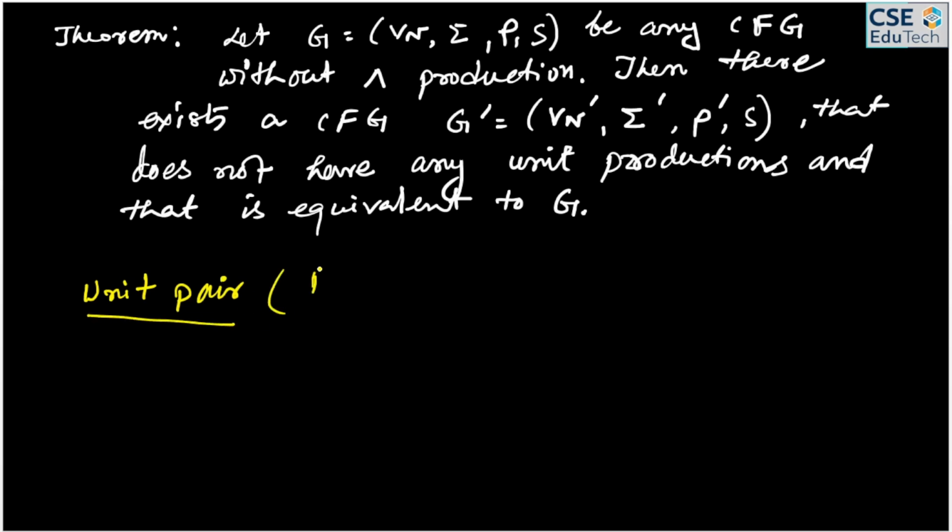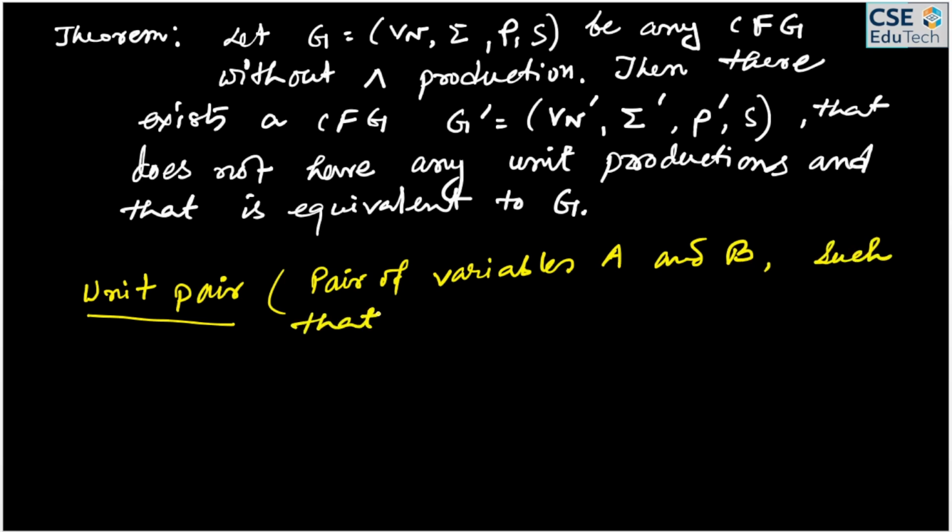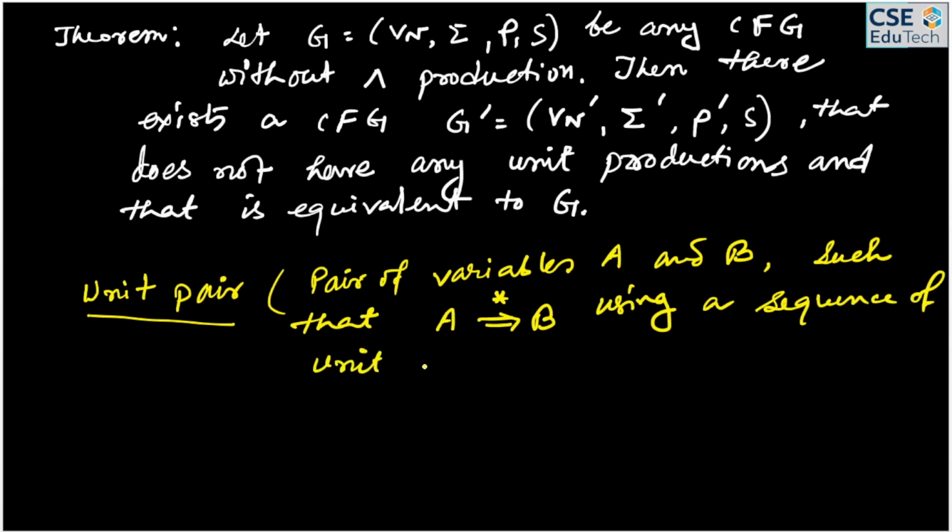Unit pair means a pair of variables, suppose A and B, such that A derives B by any number of substitutions using a sequence of unit productions only.